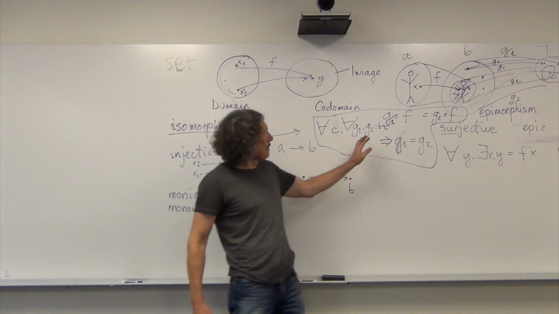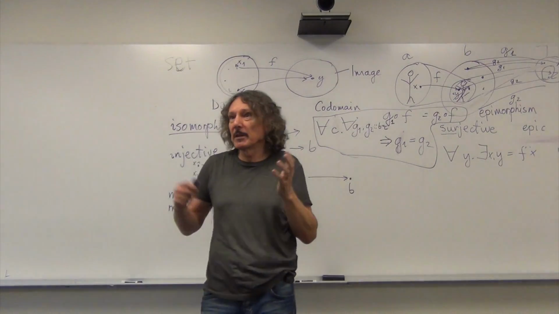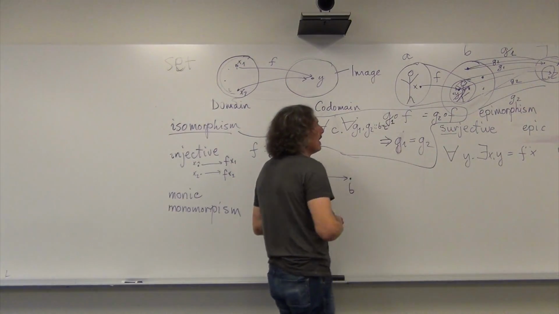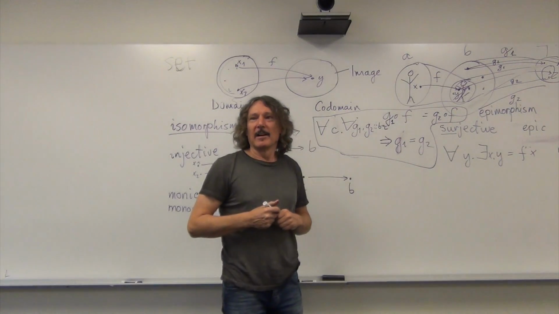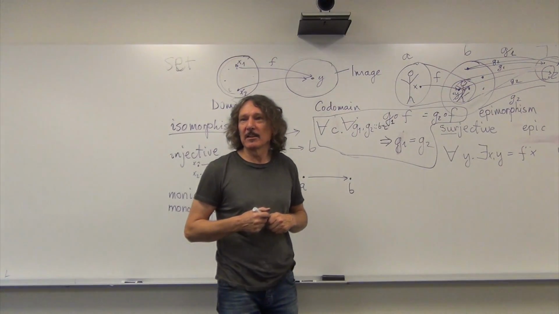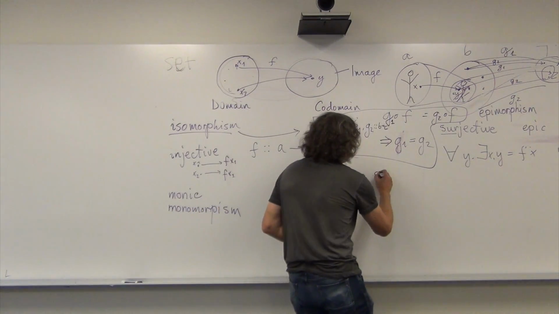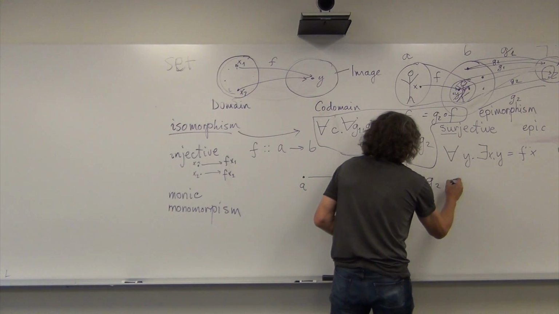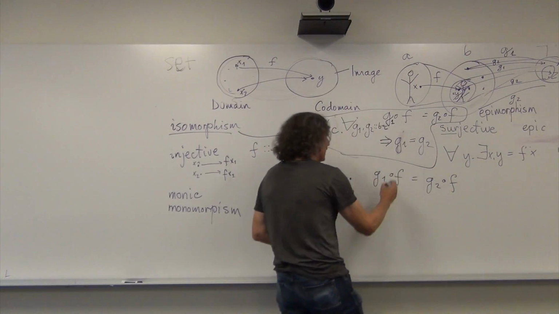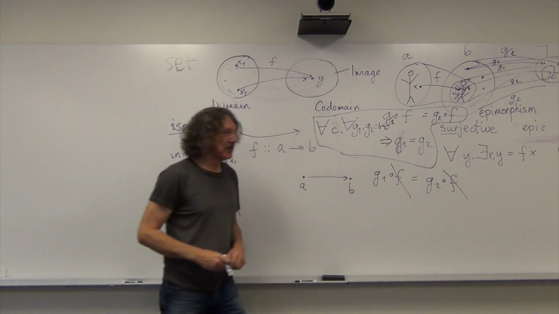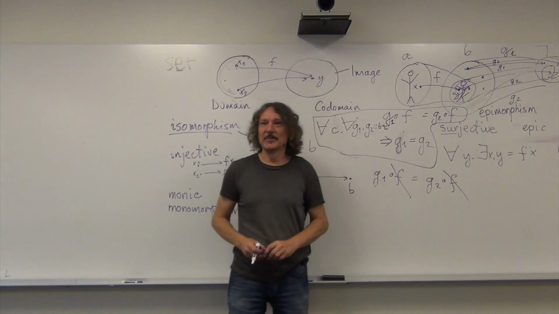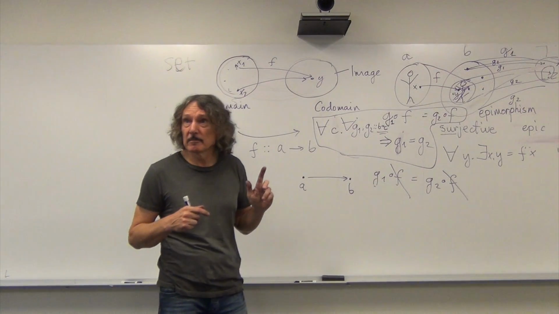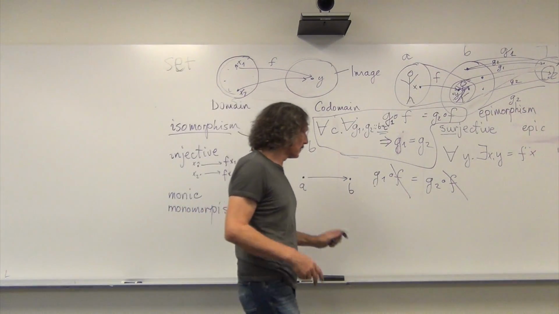And the way to remember this property, one way of looking at this, is that if I have this kind of relation, it means that I can cancel something on the right. It means if I have G1 after F equals G2 after F, that I can cancel F. And what do I get? G1 equals G2, right? This is actually a good point for a break. Yes? Yes. Okay. Let's take a break.